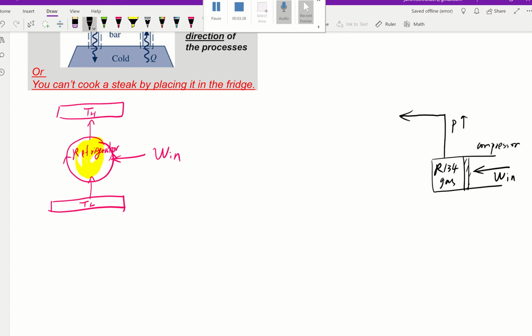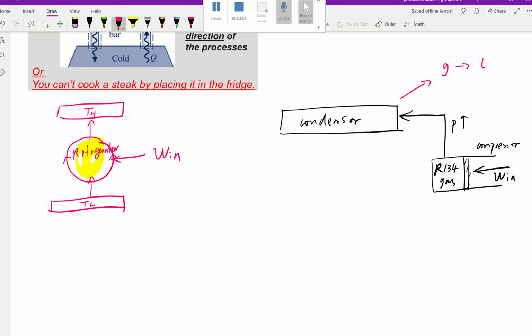And then we go through this condenser coil. Okay, so we understand condensing is from gas to liquid, right?